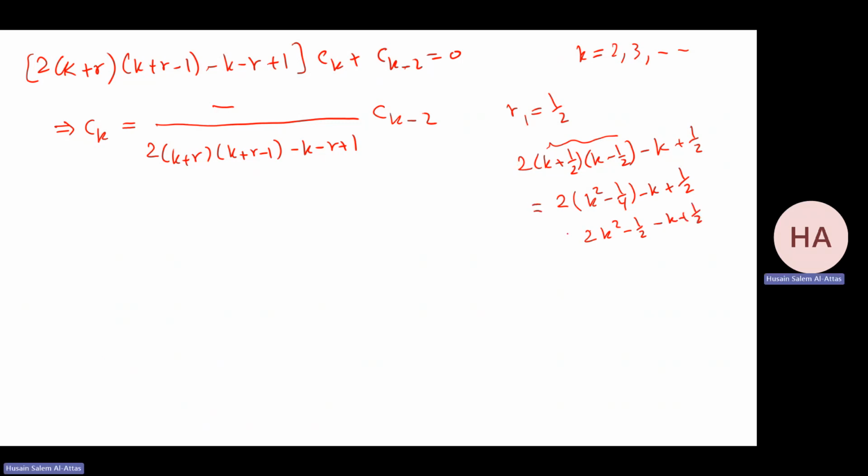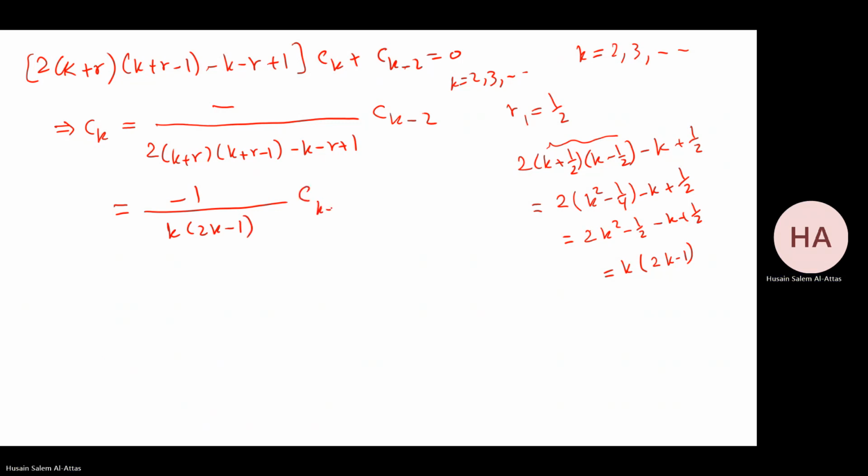This is K times 2K minus 1, with K starting from 2. So this is CK equals minus 1 over K(2K minus 1) times C(K minus 2), where K is 2, 3, and so on.